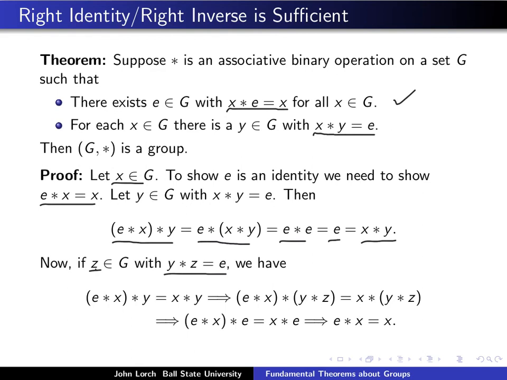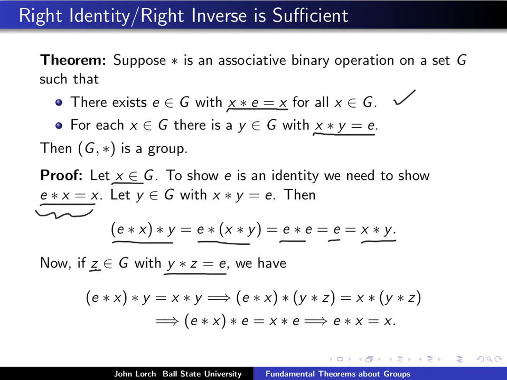So now what we want to do in the next series of equations is to go back to our original goal, to show that e times x is actually equal to x. So first of all, notice that if we take (e times x) times y, I know that e times x is x, so that means that (e times x) times y is x times y.